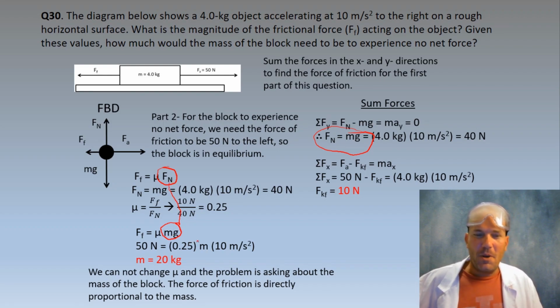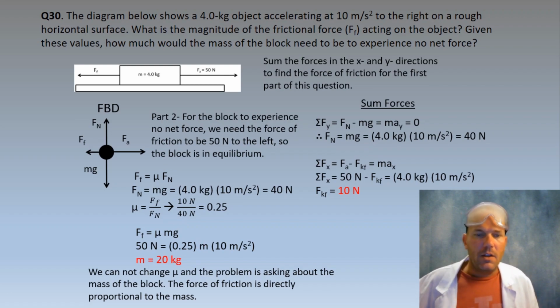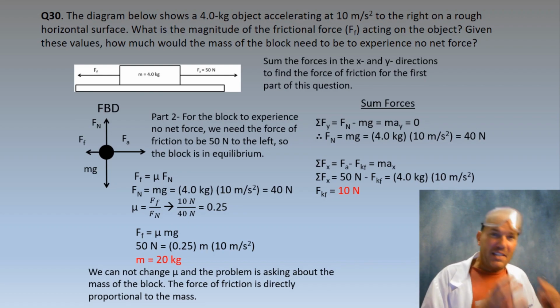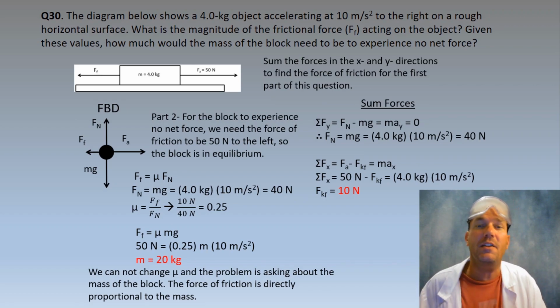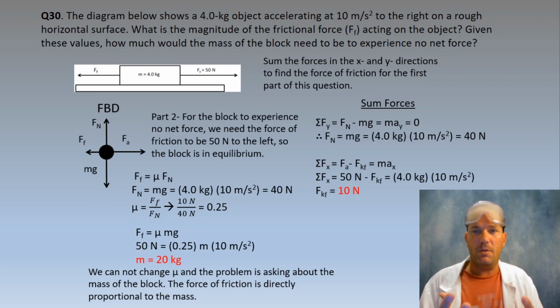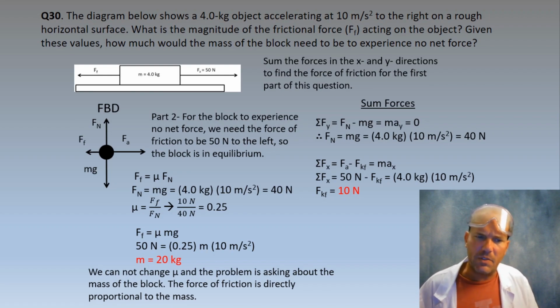And since we know mu, we can plug in 0.25 multiplied by the mass, multiplied by 10. That is equal to 50 newtons. We want it to equal 50 newtons. If it equals 50 newtons to the left, then this object will be put into equilibrium, i.e. no net external force. Solving for the mass, we get 20 kilograms.